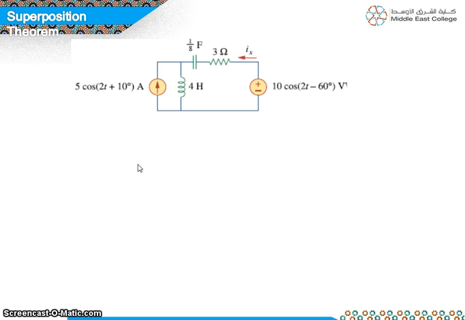To convert them into ohm values we need omega. Look at the two sources. The two sources have omega as 2 and 2, so the omega value for the entire circuit is 2.